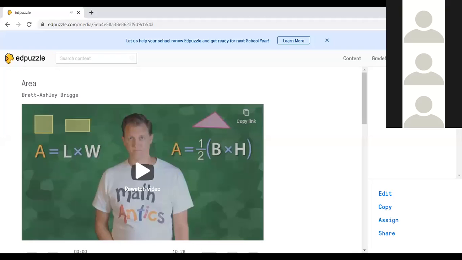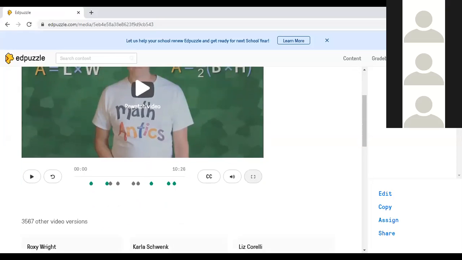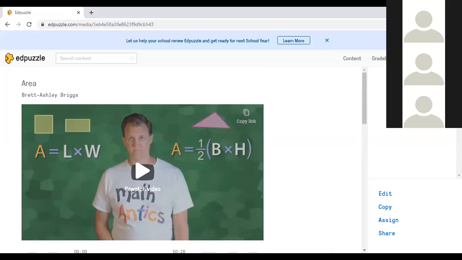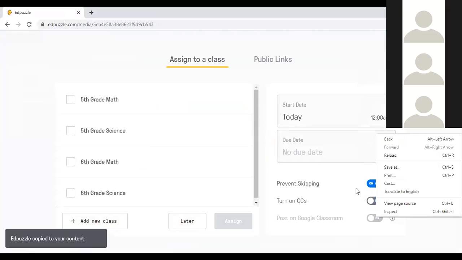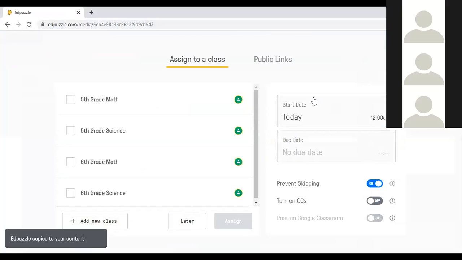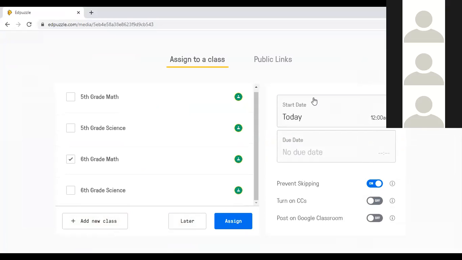All right. So guys, what I'm going to do, since for the most part, we all did very well, I'm going to click this button here that says assign. All right. I am assigning this to 6th grade math. Start date is today.